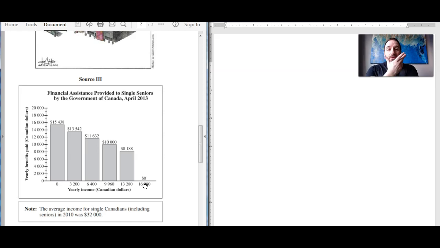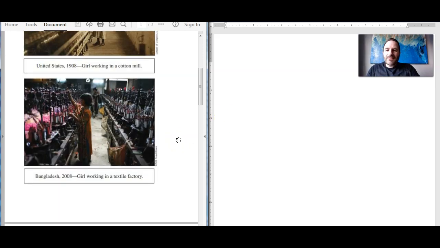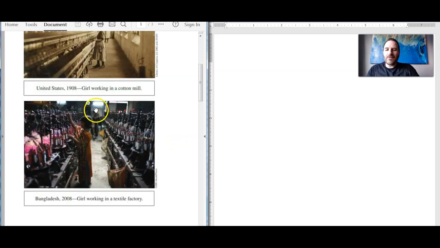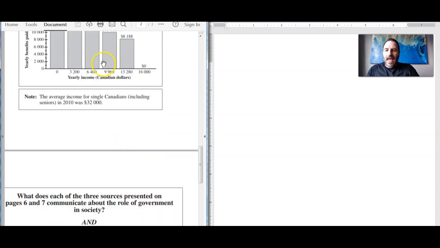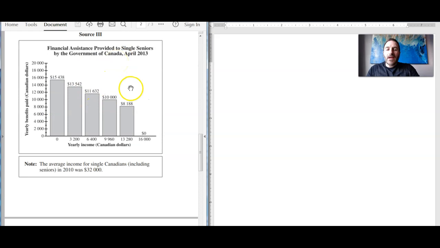So this source would suggest that the role of government should be to ensure that seniors have a decent standard of living provided, I would argue, through wealth redistribution. Now, knowing that, you can kind of see a consistent theme of the need for intervention in source 1, source 2, and in source 3, the need for intervention.